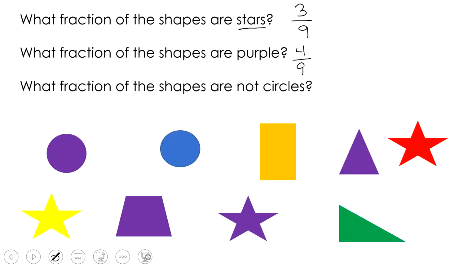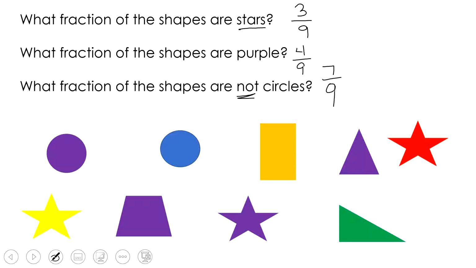And the last one is, what fraction of the shapes are not circles? So pause it and see if you can figure it out. If you got 7/9, you are correct because there are 2 circles and there's 9 shapes.